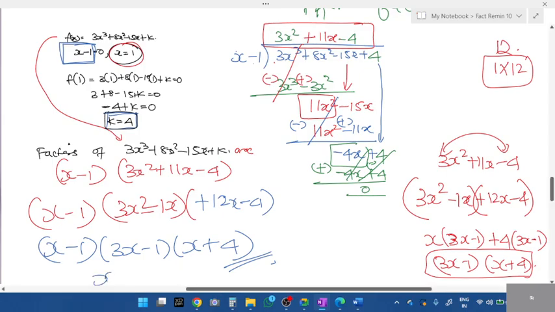Like this, or even if you arrange like this, it is correct. X minus 1, x plus 4, and then you get 3x plus minus 1 as the answer.